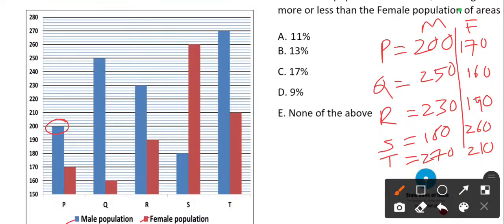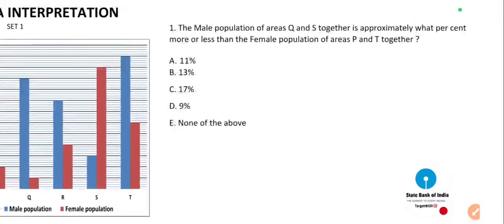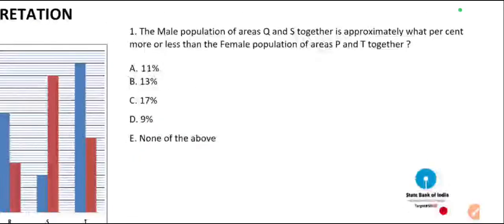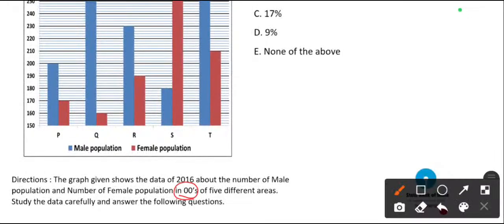Now let's see what the question is. The male population of the area Q, and here in the data we need to remember that the values are given in double zeros.